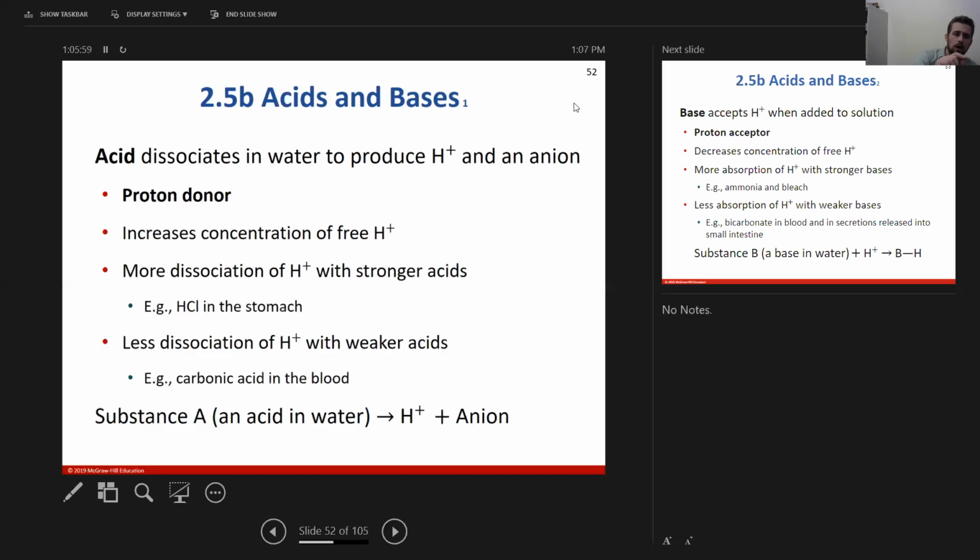As we see more of those free H pluses, those free hydrogen ions, we're going to start to see them dissociate more of those hydrogens off of whatever substance it's encountering, which is why acids melt your face.